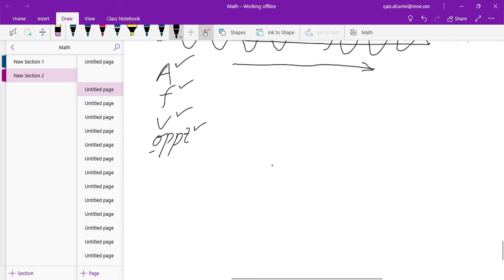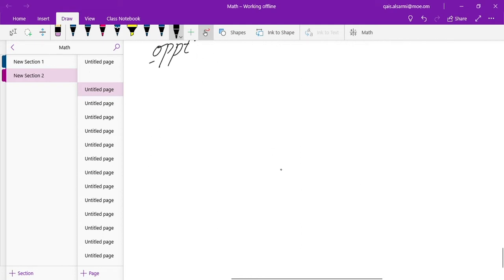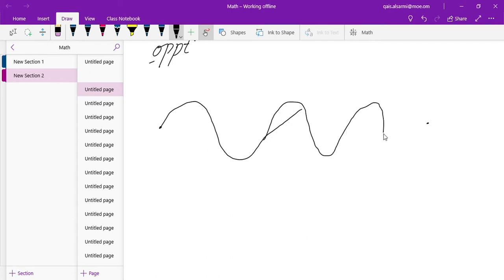So after superposition, the same string will be vibrating in this fashion. So this was one fixed end, and that was the other fixed end, and you will see the string will be vibrating in segments. The string will start vibrating in segments like this.